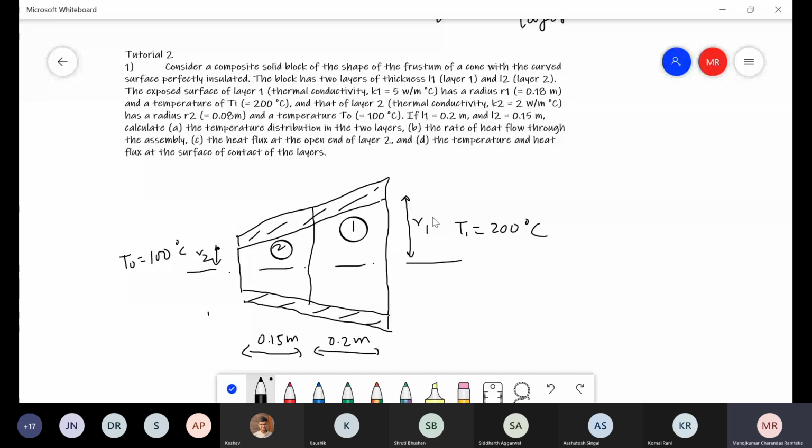R1 is given as 0.18 meter and R2 is given as 0.08 meter, and the thermal conductivity K1 is given as 5 watt per meter degree Celsius and K2 is given as 2 watt per meter degree Celsius.